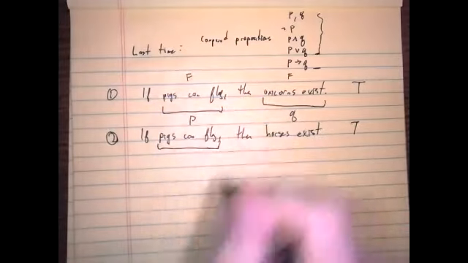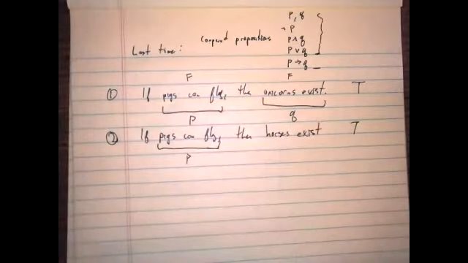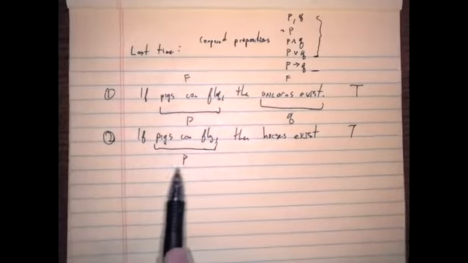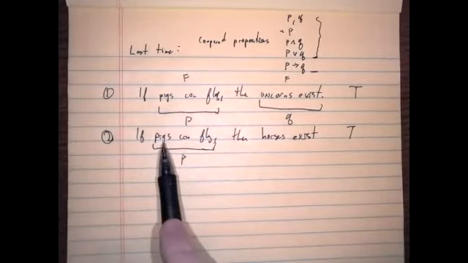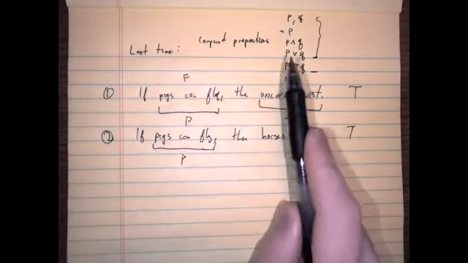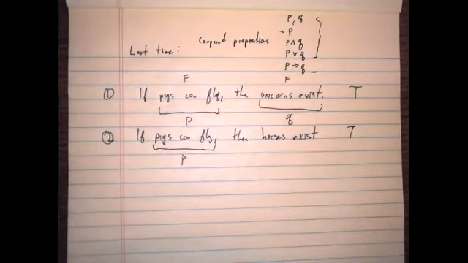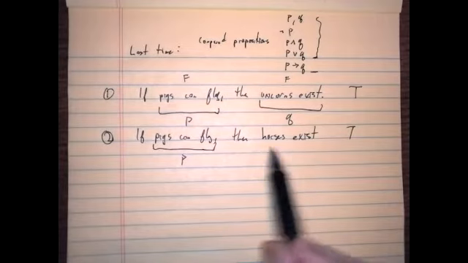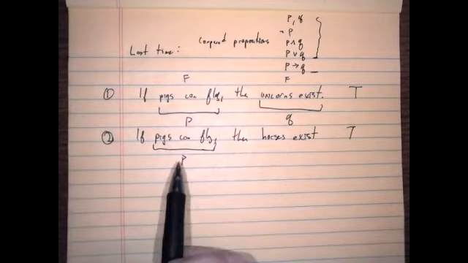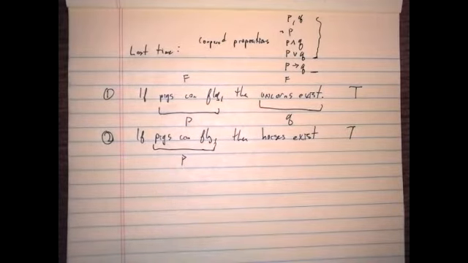Here we have the same proposition P as the hypothesis, and pigs cannot fly, so this is once again false. And the moment the hypothesis is false, the implication P implies Q will always be true. We don't even need to think about whether the conclusion is true or false. If the hypothesis is false, then the implication statement is true. If pigs can fly, then horses exist. That's true.